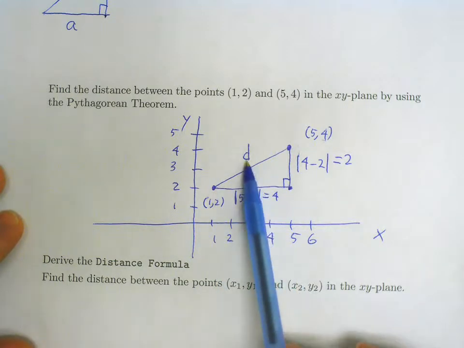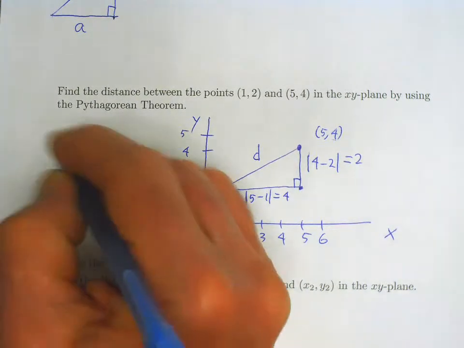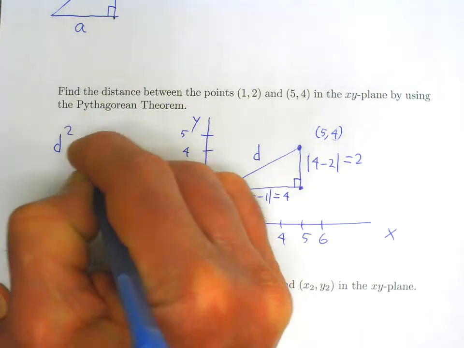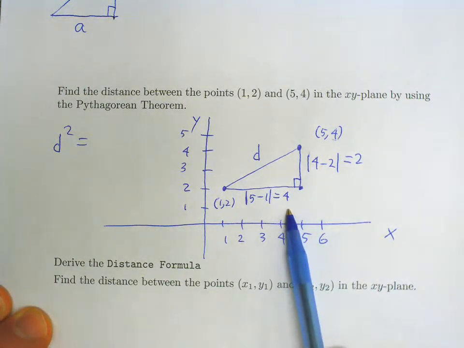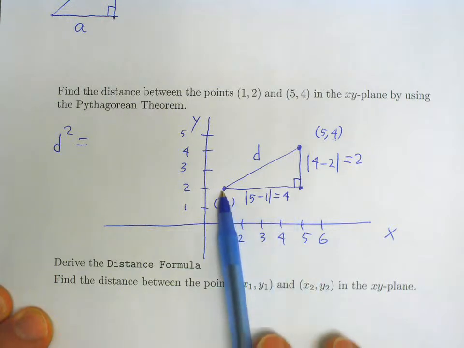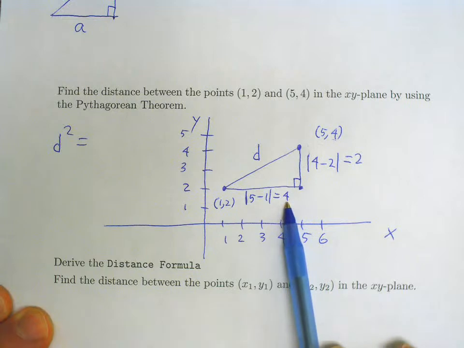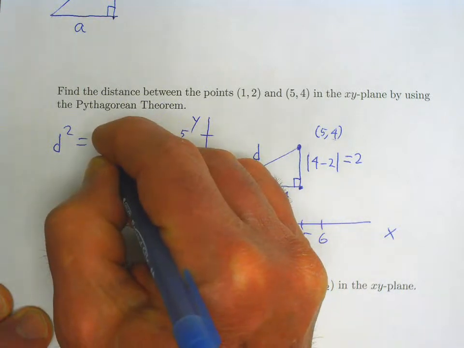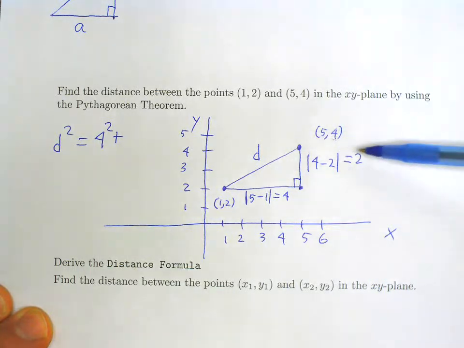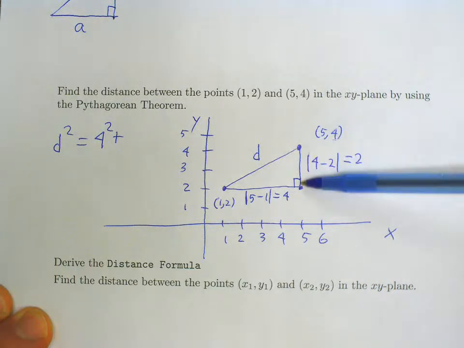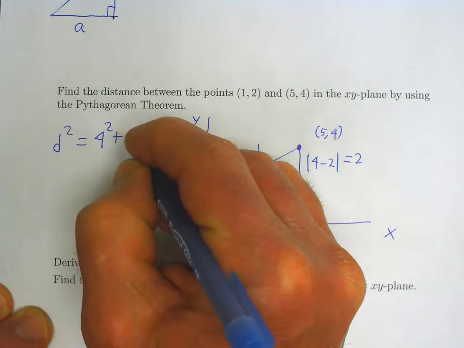If we square the length of the hypotenuse, so d squared, that's equal to the sum of the squares of the lengths of the 2 legs. The horizontal leg is 4 units, so we have d squared equals 4 squared, plus the square of the vertical line segment. The vertical line segment is 2 units, so we add 2 squared.